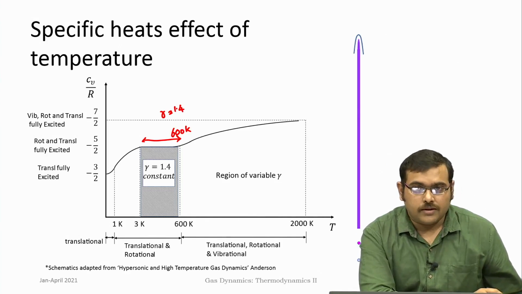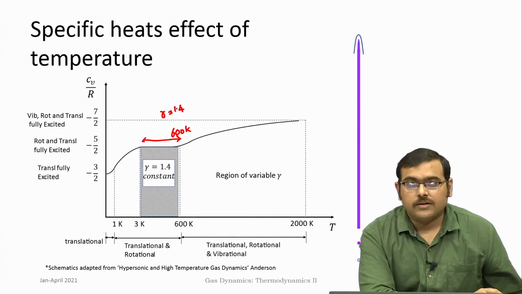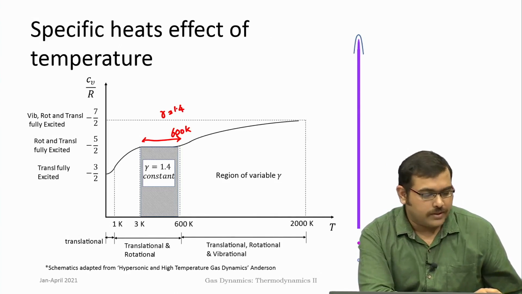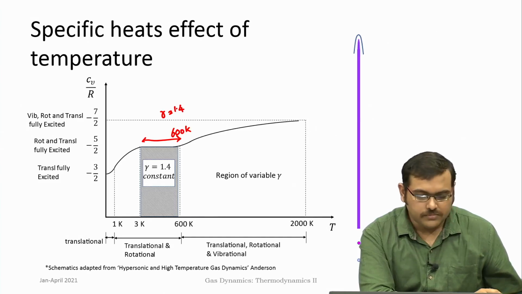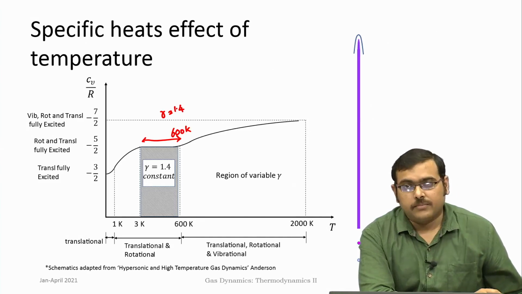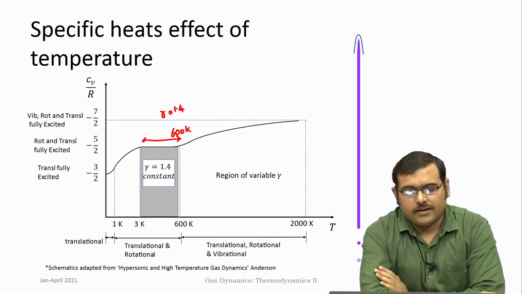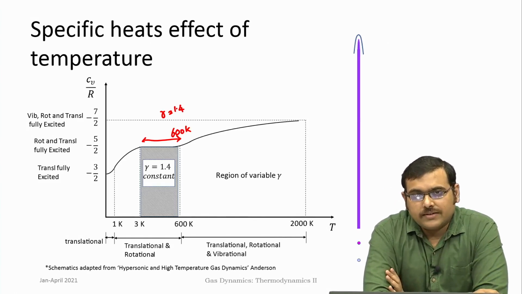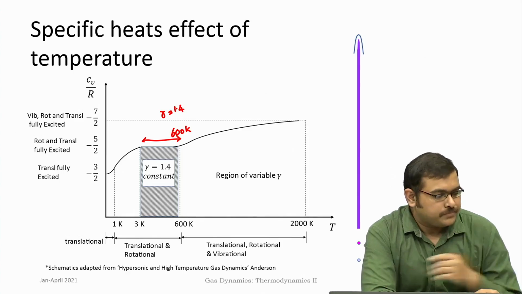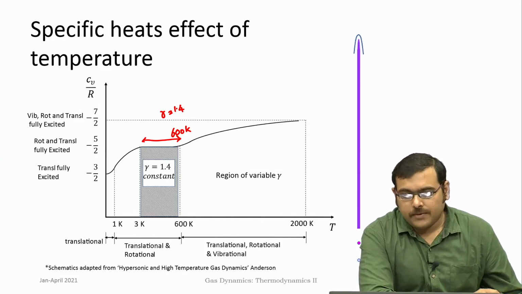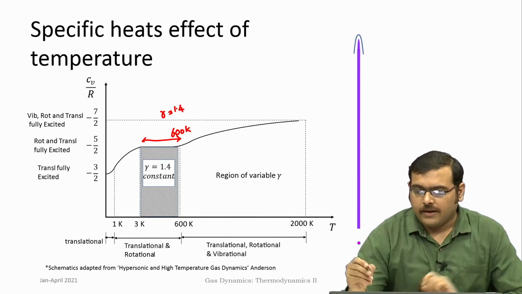In our discussions in this course we will only consider perfect gases, and in the majority of cases the calorically perfect gas, that is, Cp and Cv are constants.